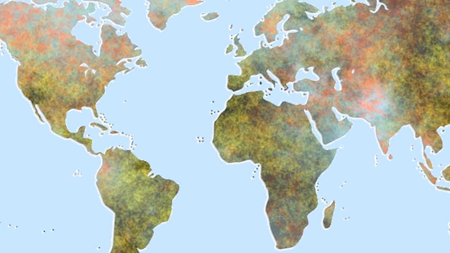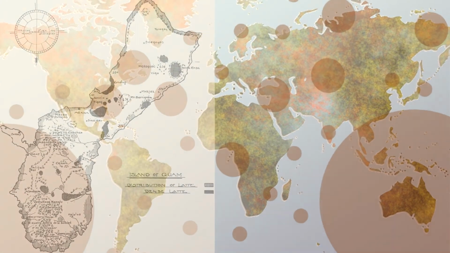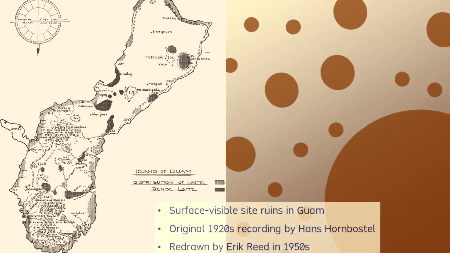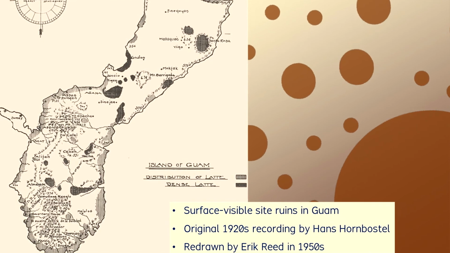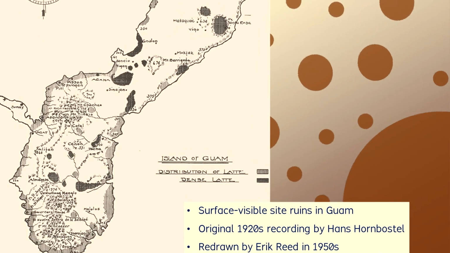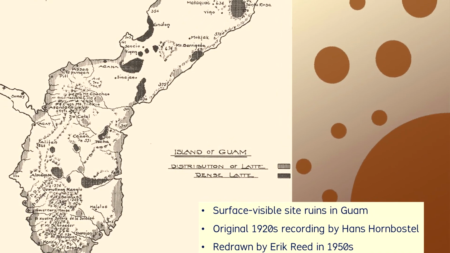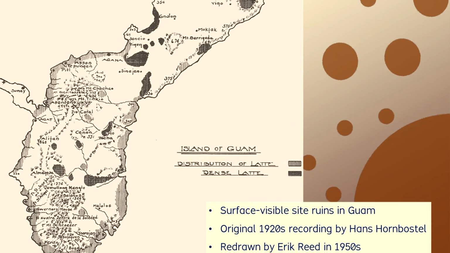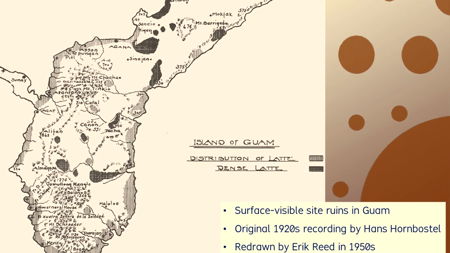Even if the model shows an information category, such as archaeological site ruins, then the representation could be variable. The simplest representation might show the presence versus absence of archaeological ruins as a binary positive versus negative value. Another representation might show categories of zero, low, medium, or dense site ruins.